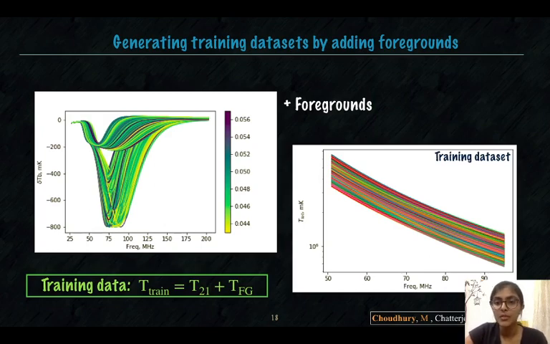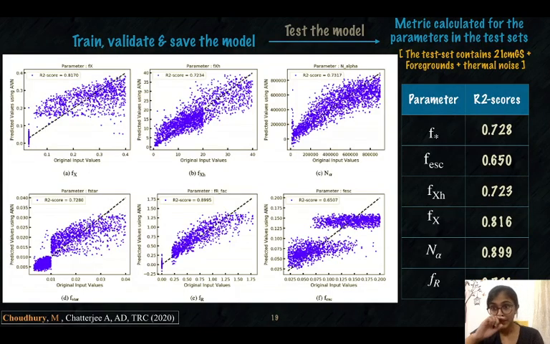When we train our neural network using this training dataset, we compute the R2 scores for the test set, in which we have introduced thermal noise in addition to the global signal and foregrounds. We see that the R2 scores vary, with 65% being the least for FSK, FR is around 73%, N alpha is 89%, FX is 81%, and so on.